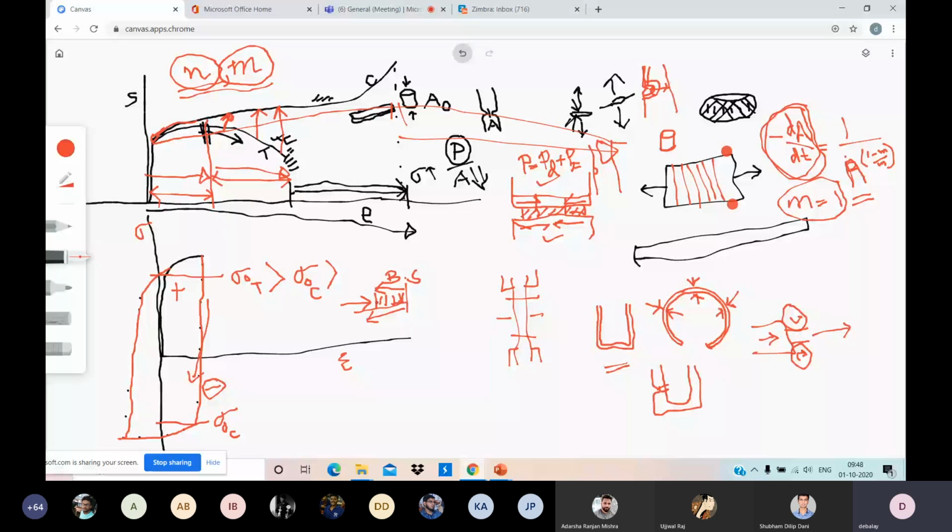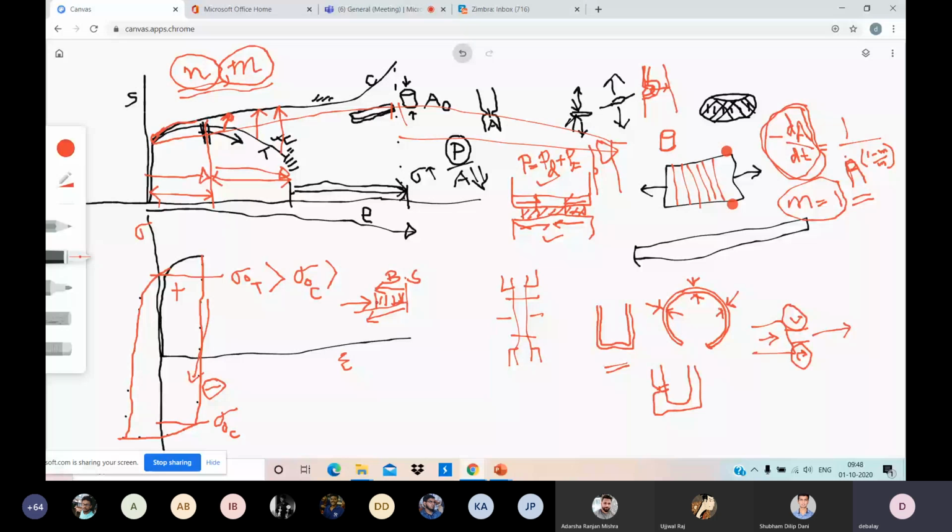And another reason is if you do forward loading, you create a majority of one kind of dislocation, say positive, right hand screw dislocation. When you do reverse loading, you create a majority of the opposite type of dislocation, negative, left hand screw dislocation.